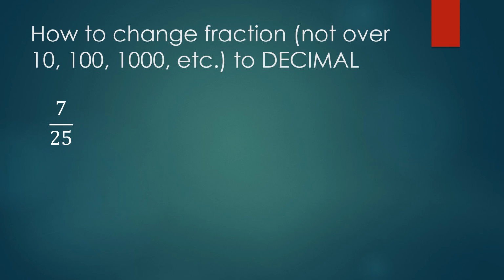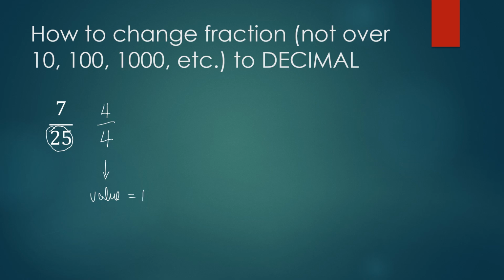Now we have 7 over 25. 25 is not a power of 10. So how can we make it a power of 10? What number shall we multiply it by? You're right, it's 4. So we use a fraction 4/4. Remember, the value of this fraction is equal to 1.